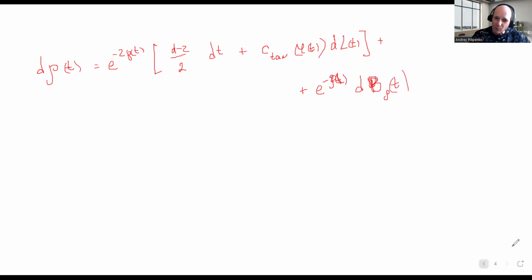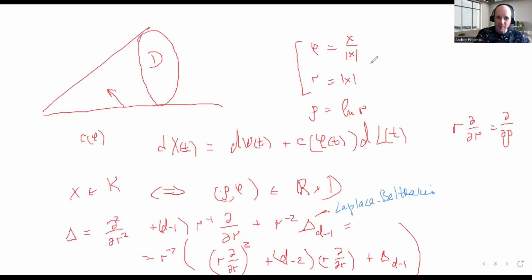Let me show you the previous step, and please look here: the second derivative with respect to rho and d minus 2. And that's all.